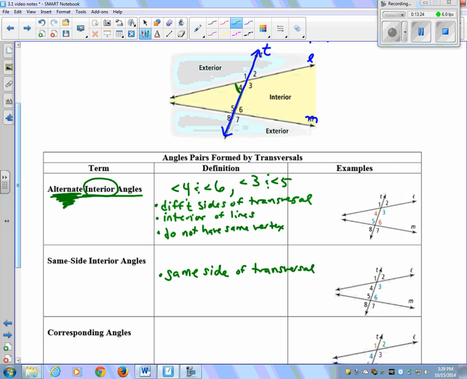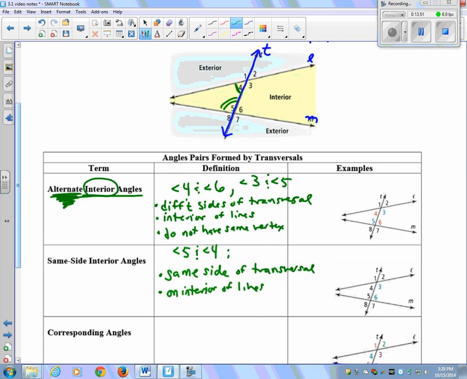So angle 5 and angle 4 would be same side interior angles. They're both on the interior of the lines. They're on the same side of the transversal. And that makes them same side interior angles.